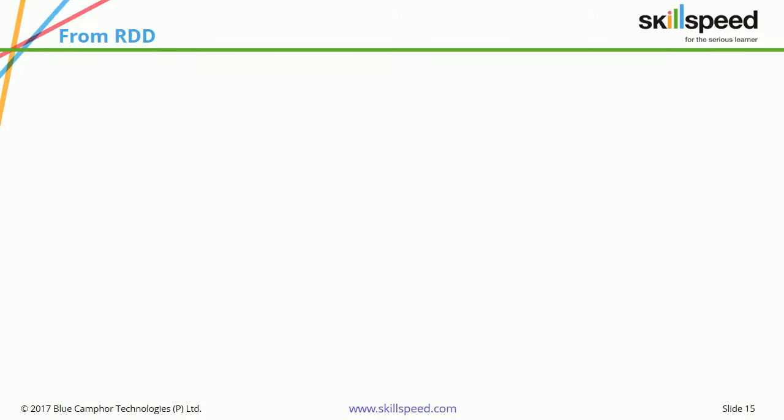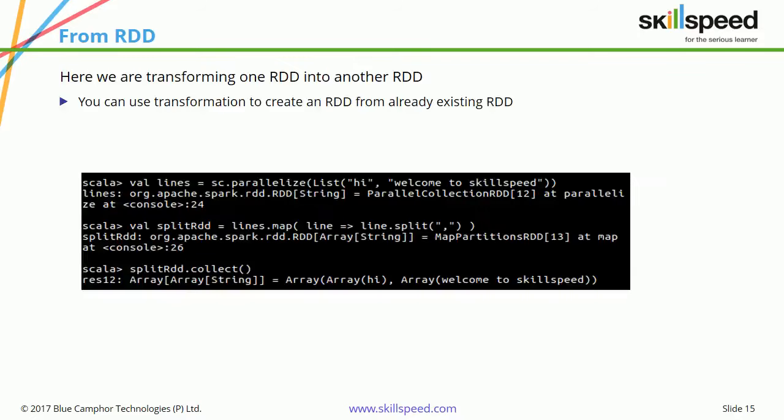Now let's look at a practical example of creating an RDD from another RDD. In the example, you can see that I have an RDD called lines, which I have created using the sc.parallelize method, and I have a list of the string "hi and welcome to skillspeed". Once I have the lines RDD, I can create another RDD from it.